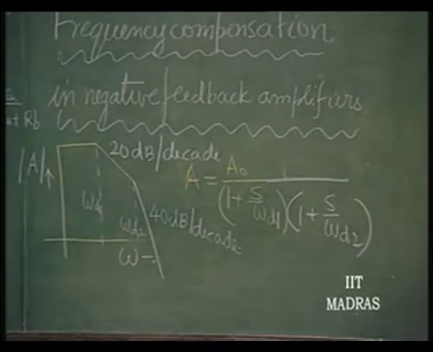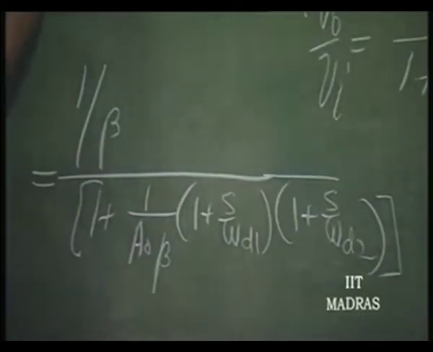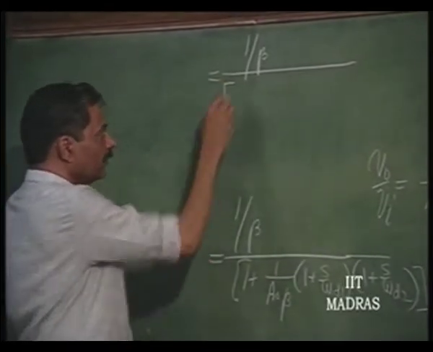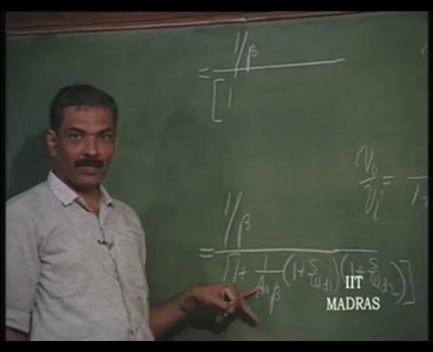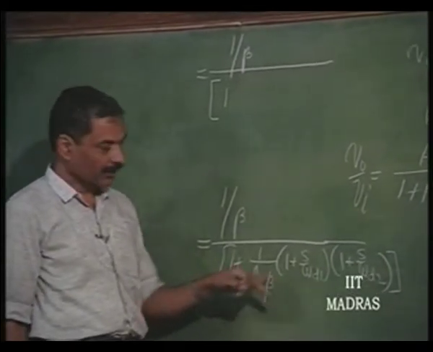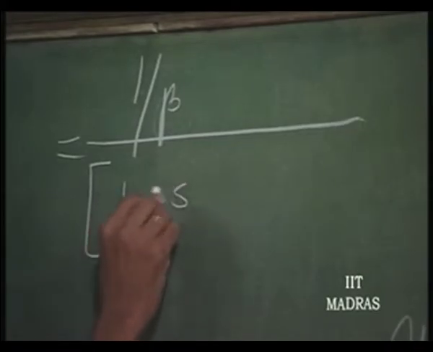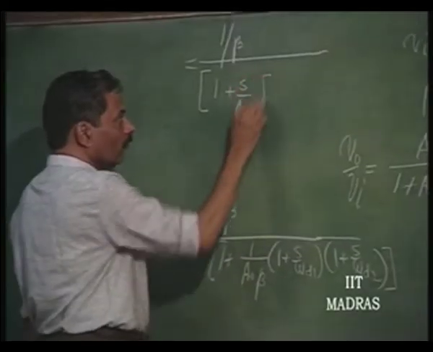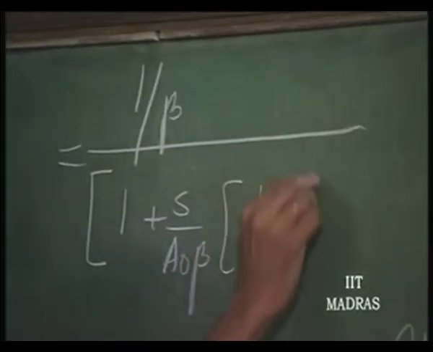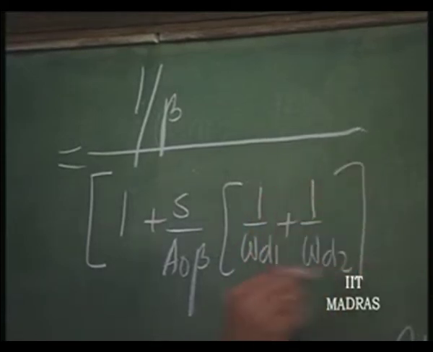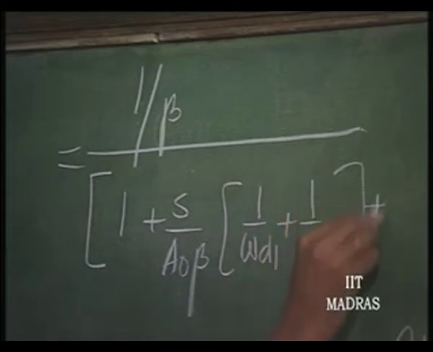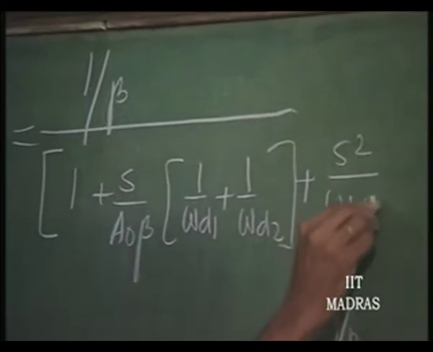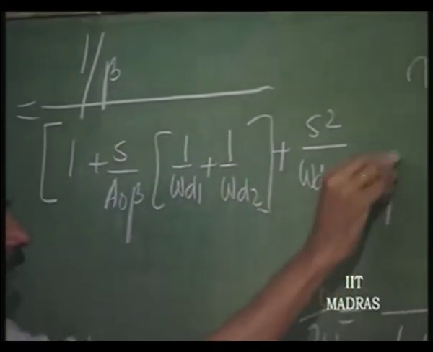Okay. Once again you expand this, and this is 1 over beta, which is the gain of the amplifier with feedback, plus 1, you will ignore 1 over A naught beta compared to 1, and then you have S into 1 over omega d 1 plus 1 over omega d 2 over A naught beta, plus S squared into omega d 1 omega d 2 over A naught beta.